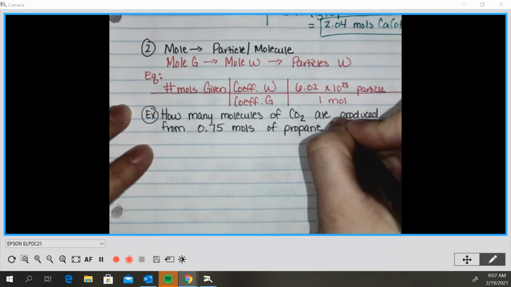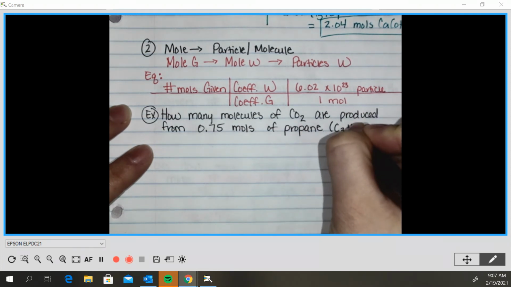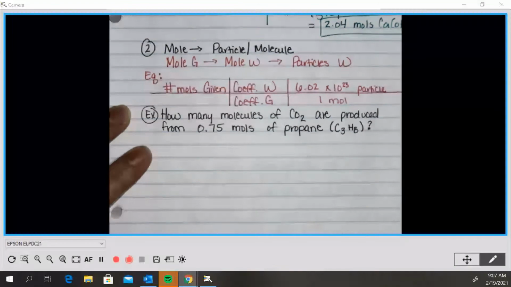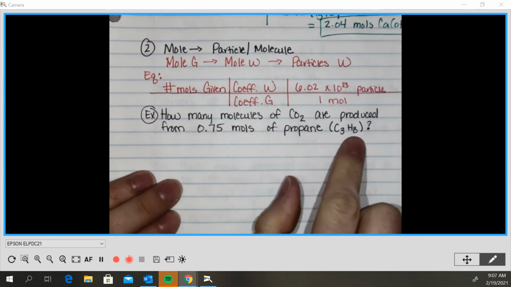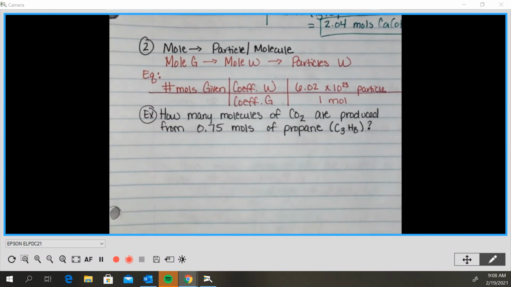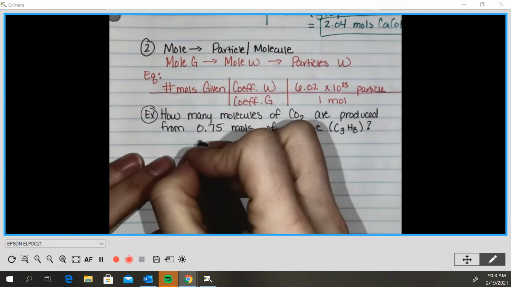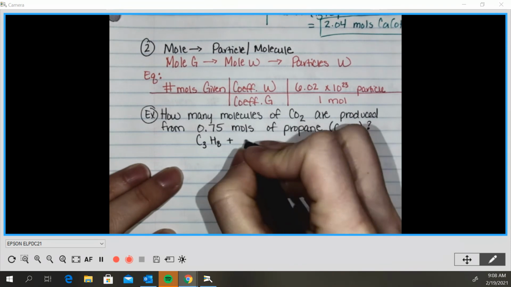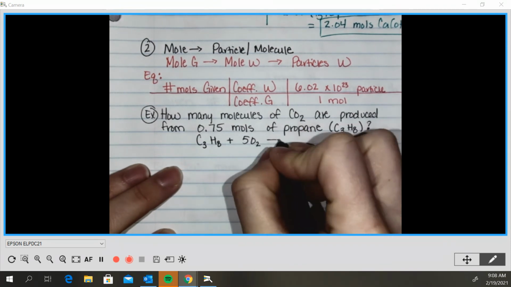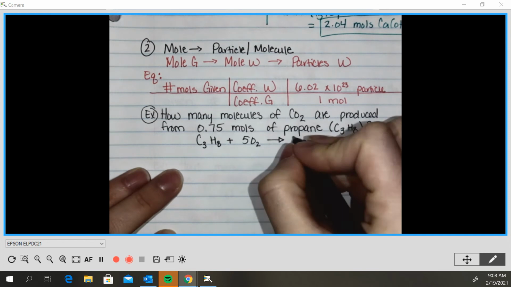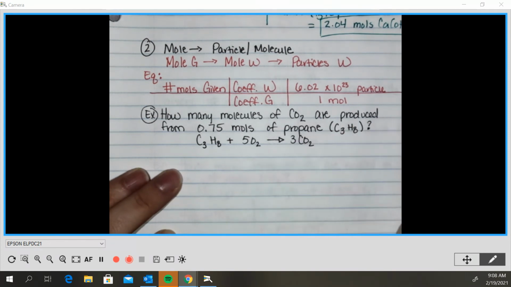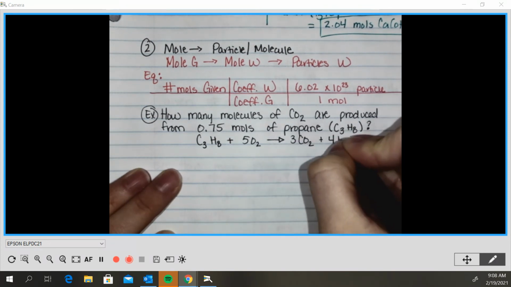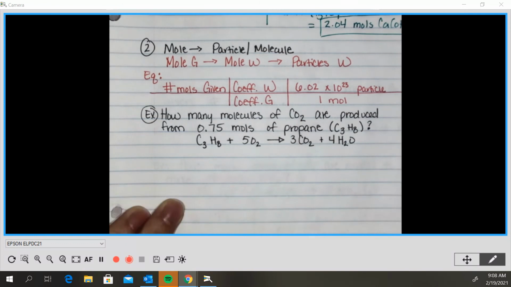And just in case you didn't know, propane is C3H8. And because we're using two different things, you're going to get a chemical equation for this one. So our chemical equation is C3H8 plus 5 oxygen gas combusts and gives us 3 carbon dioxide and 4 water.